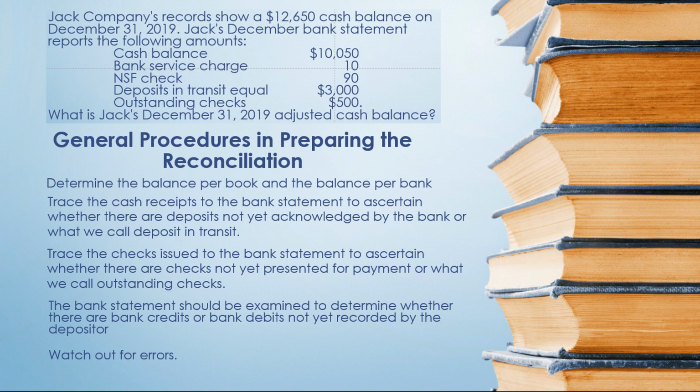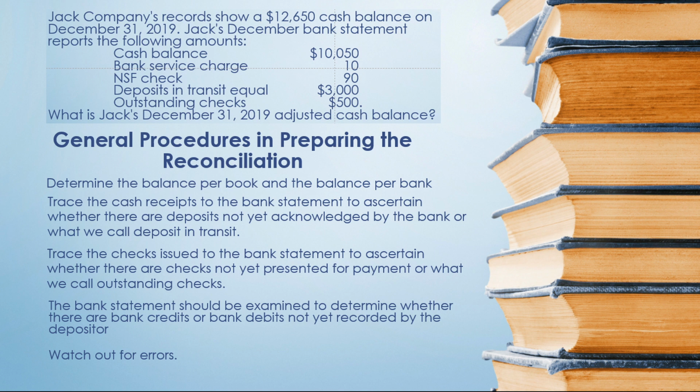By matching one by one each check number you issued in the bank statement, you will come up with the check not appearing in the bank statement. Assuming only check number 8 and 10 are not presented yet to the bank, or not appearing in the bank statement, therefore these two checks are considered to be outstanding checks.